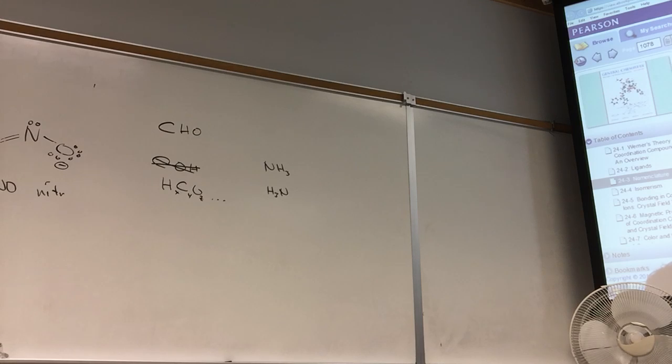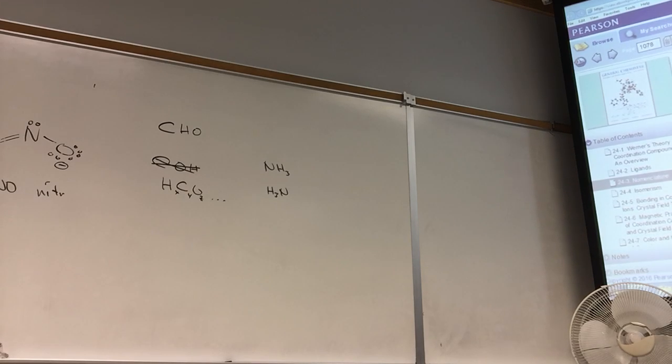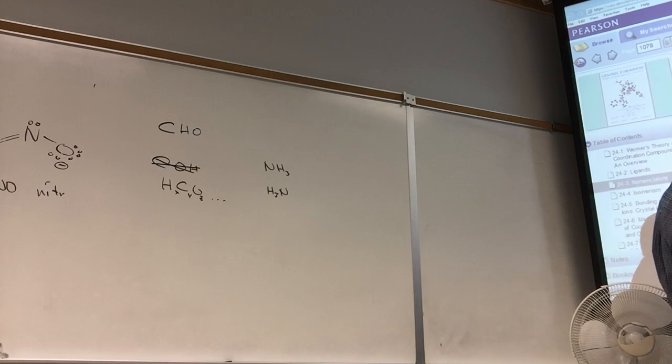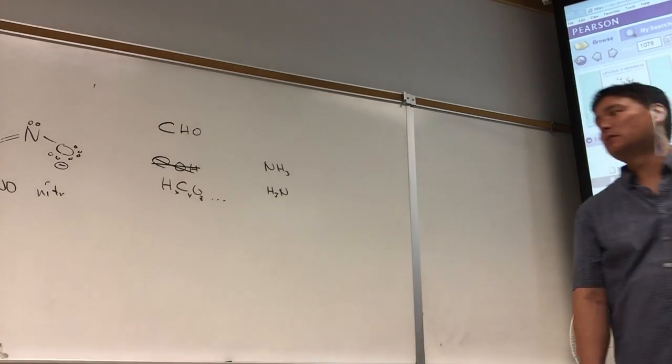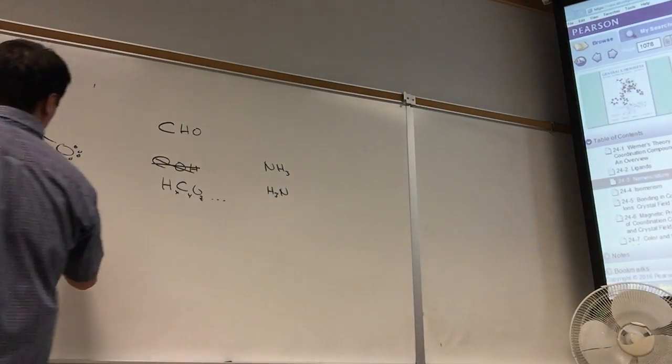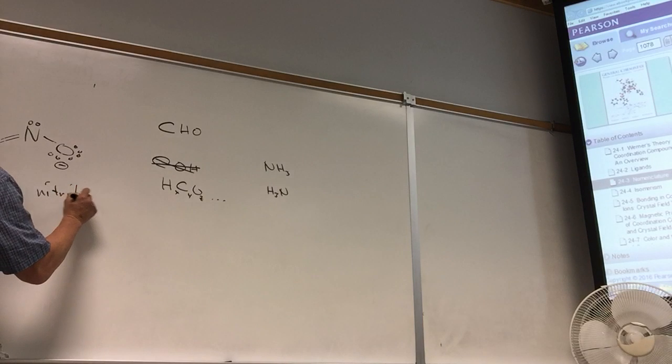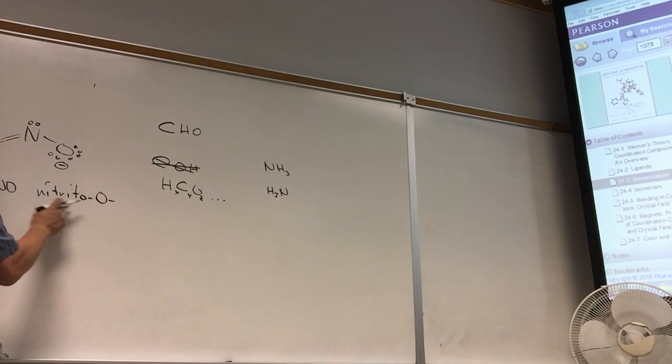So if the nitrite ion links with the oxygen, it looks like this. We write the formula ONO, and we name it nitrito, with a hyphen, O hyphen. It's pronounced nitrito-O.